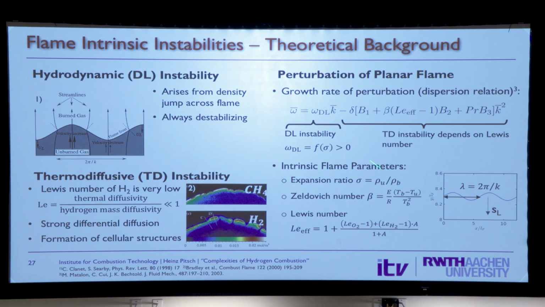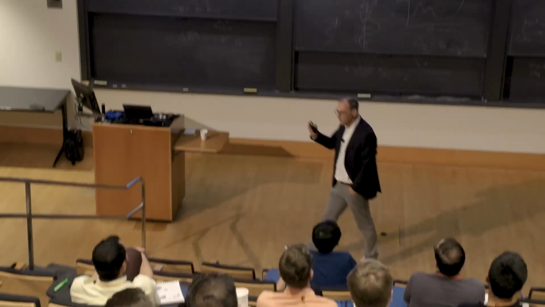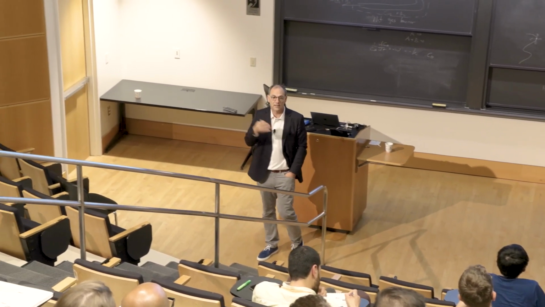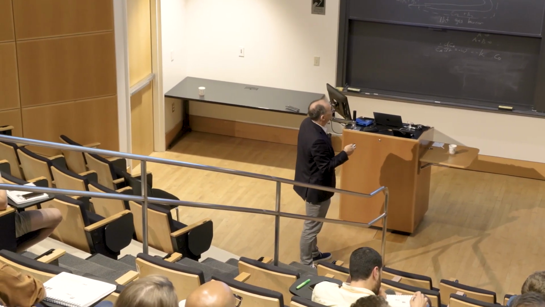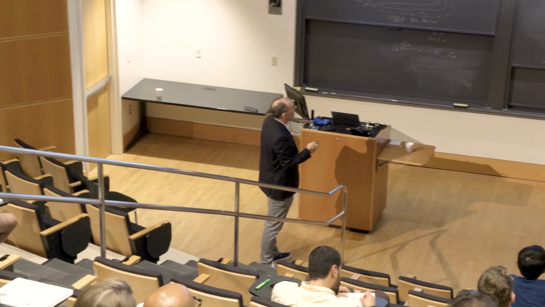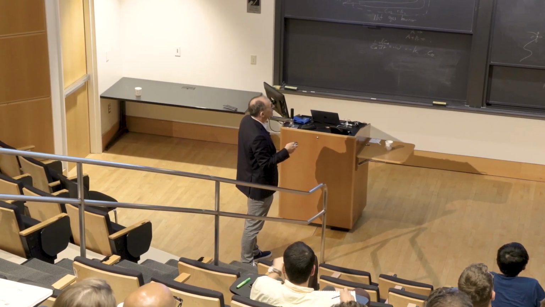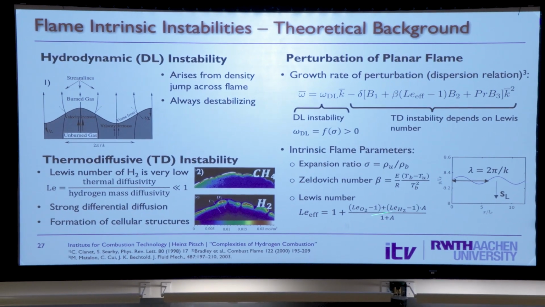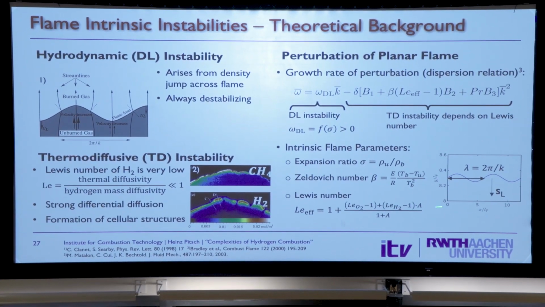But what's important here, and that's the only thing new on this slide, is what are the parameters that appear? That's really the beauty always of analytic analysis. You can look at what parameters are important. And you have 3 parameters. First is the expansion ratio, the density ratio over the flame. The second one here is the Lewis number, and here we evaluate what's called the effective Lewis number.